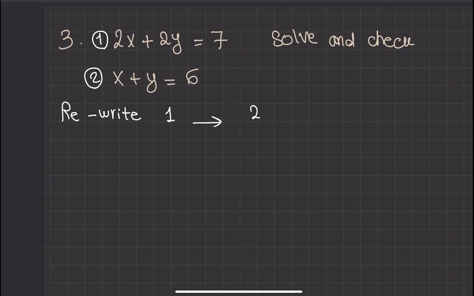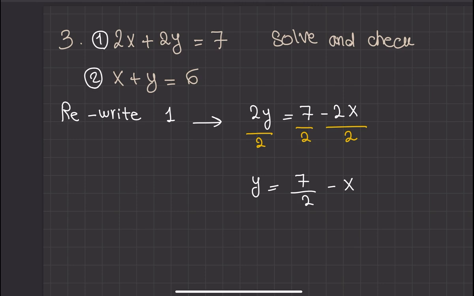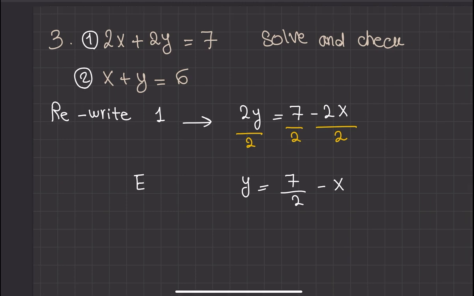It's gonna be 2y equals 7, and I'm gonna move this to the right side, minus 2x. But I don't want the 2 beside the y. I don't need to solve for 2y. I want to solve for only y. So the whole thing must be divided by 2. So the result is y equals 7 divided by 2 minus x. This is our equation 1.